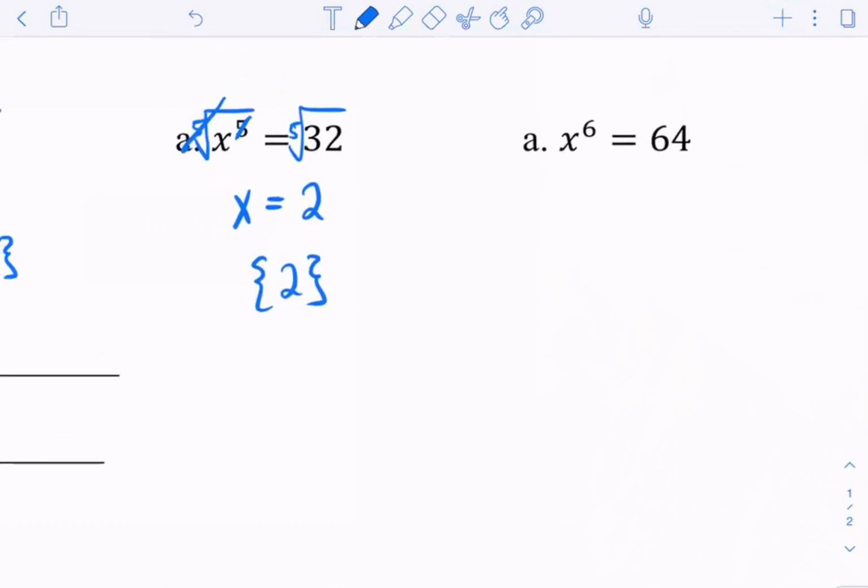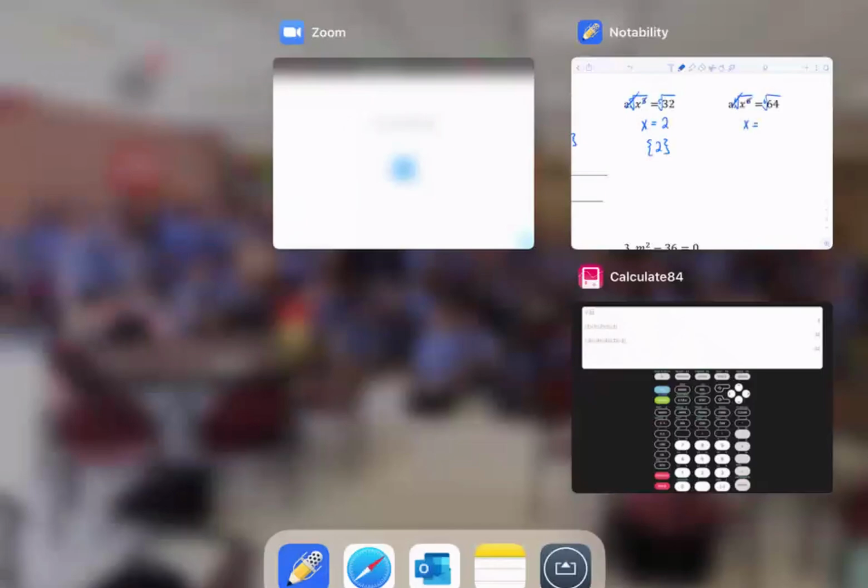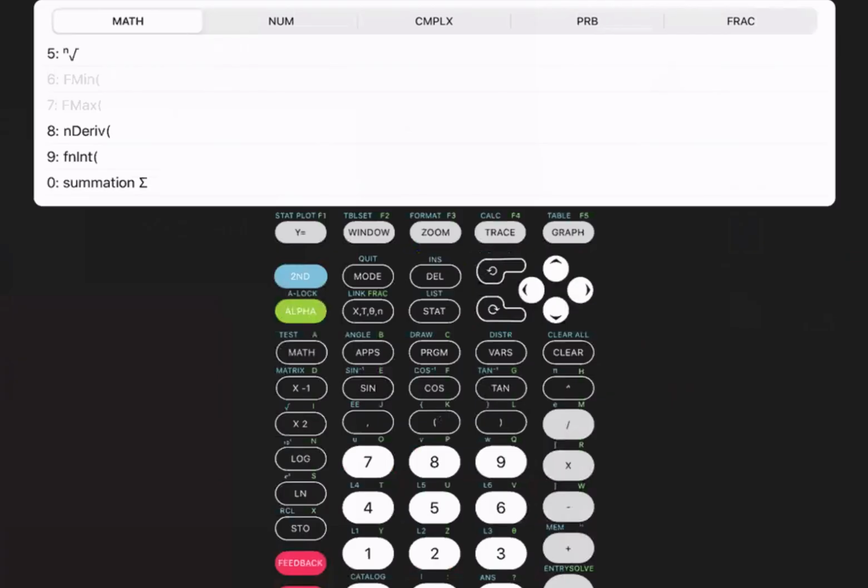Okay, and then this last one, I want the sixth root. So I get that the sixth root of 64 is 2. And if you check it as well, let's try it. 1, 2, 3, 4, 5, 6.